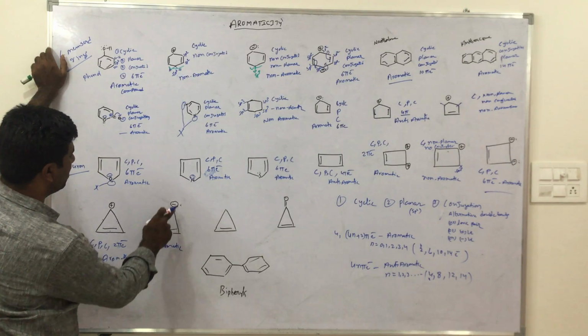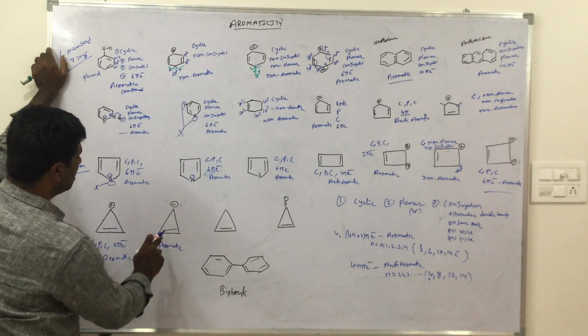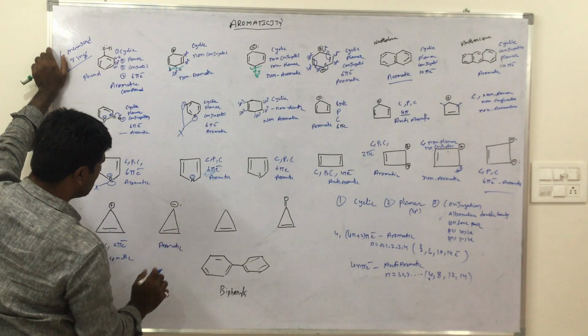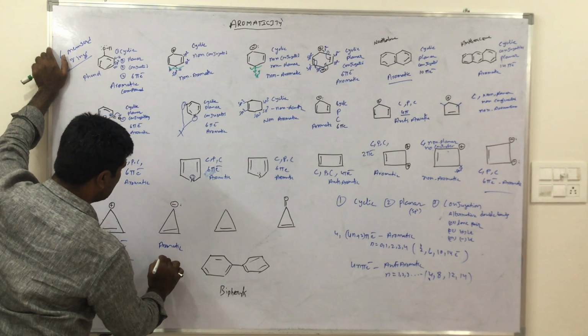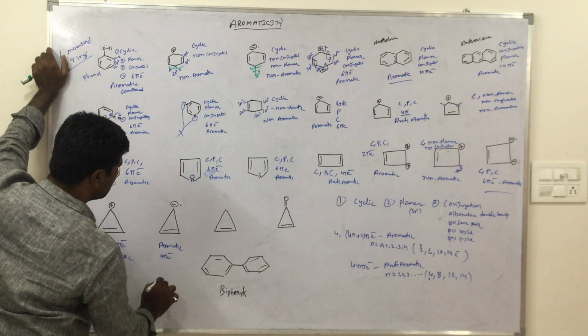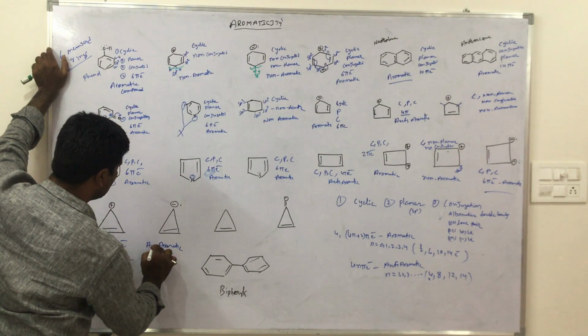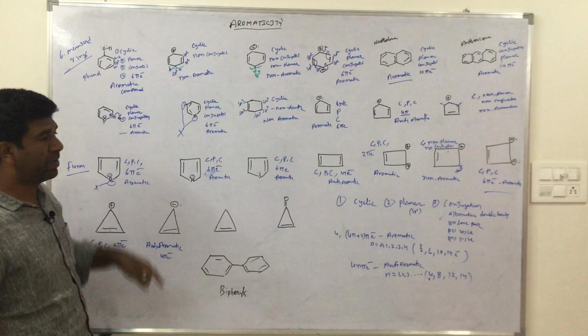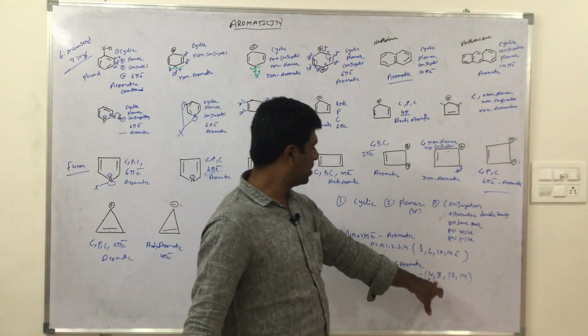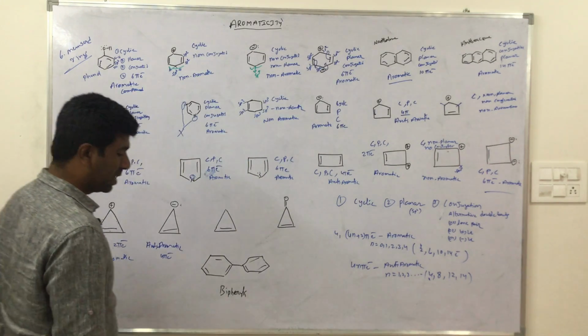This is also aromatic, but here negative charge is present. 1 2 3 4, sorry 4 pi electrons. 4 pi electrons present. So this is anti-aromatic. 4 belongs to anti-aromatic.